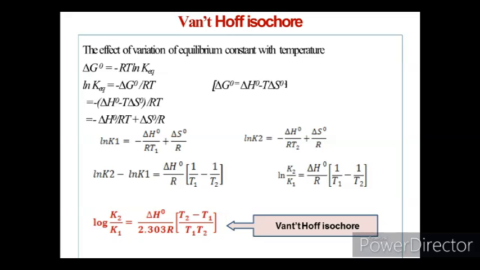For the forward reaction, ln K1 is equal to minus delta H0 by RT1, with the remaining terms constant, plus delta S0 by R. For the backward reaction, ln K2 is equal to minus delta H0 by RT2, temperature 2, plus delta S0 by R. Whether it is a forward reaction or reverse reaction, it is taken as it is, at temperature T1 and another at temperature T2.